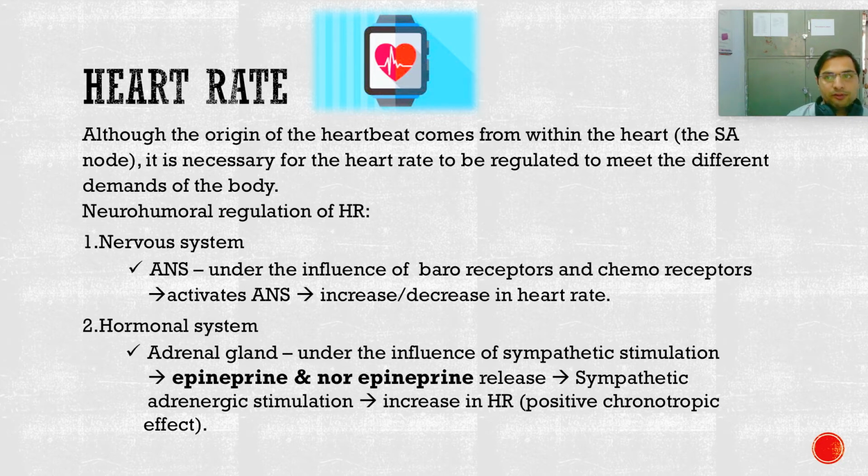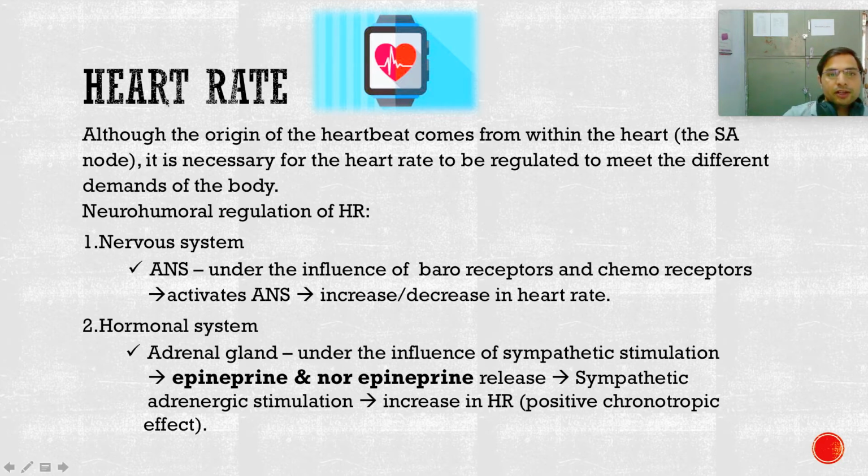For example, if somebody is using too much energy, then the body needs to pump the blood effectively into the circulation. The heart rate is the beats per minute, approximately 72, and is between 60 to 100. Below 60 it is called bradycardia, and above 100 it is called tachycardia.